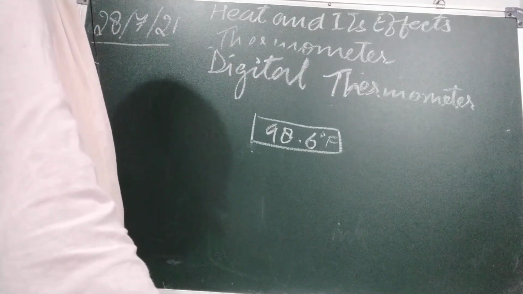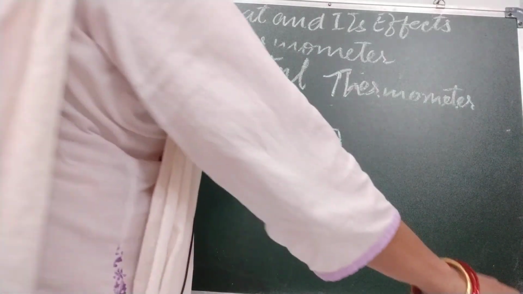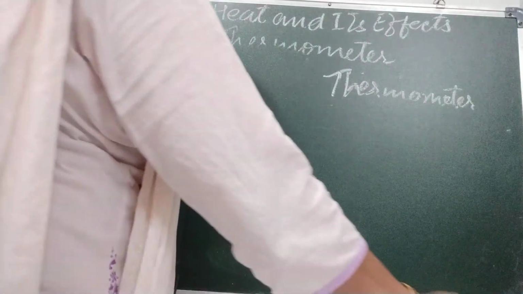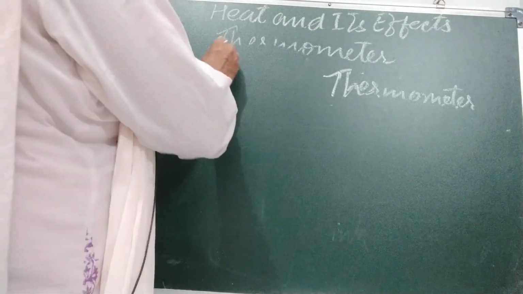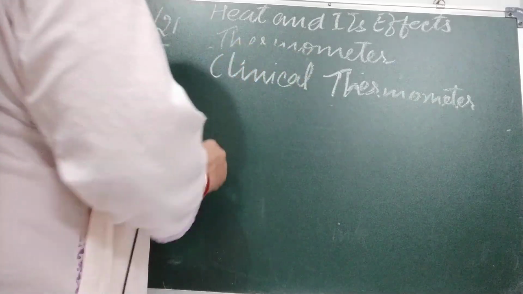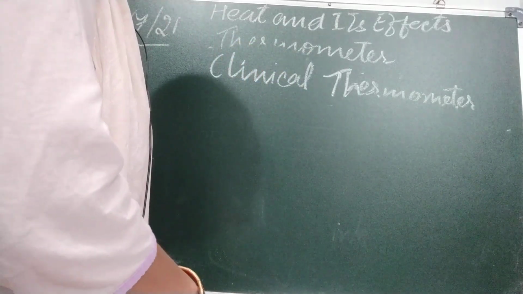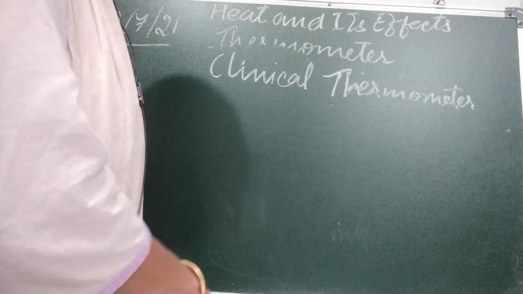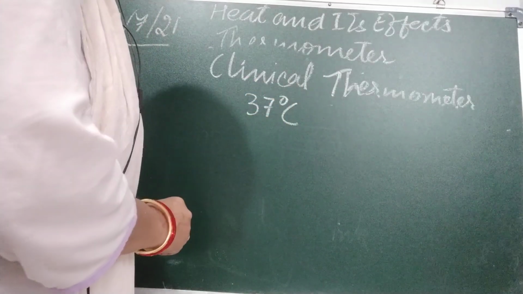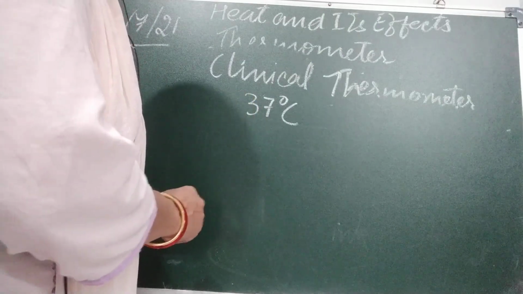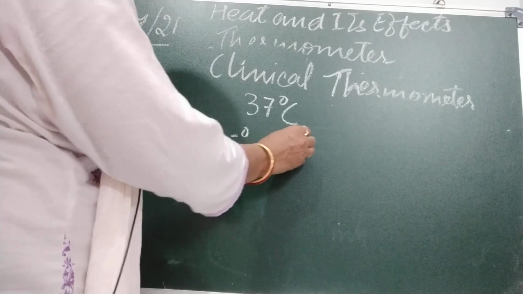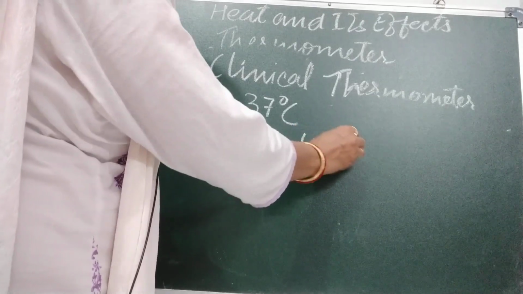So there are different types of thermometers. Now, what is the range of the clinical thermometer? In degrees Celsius, as we know the normal body temperature is 37 degrees Celsius, the range of the clinical thermometer is from 35 to 42 degrees Celsius.